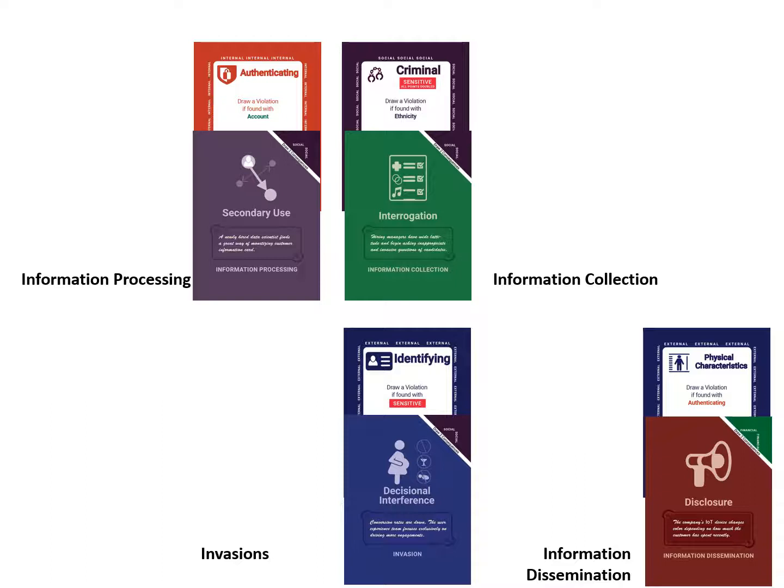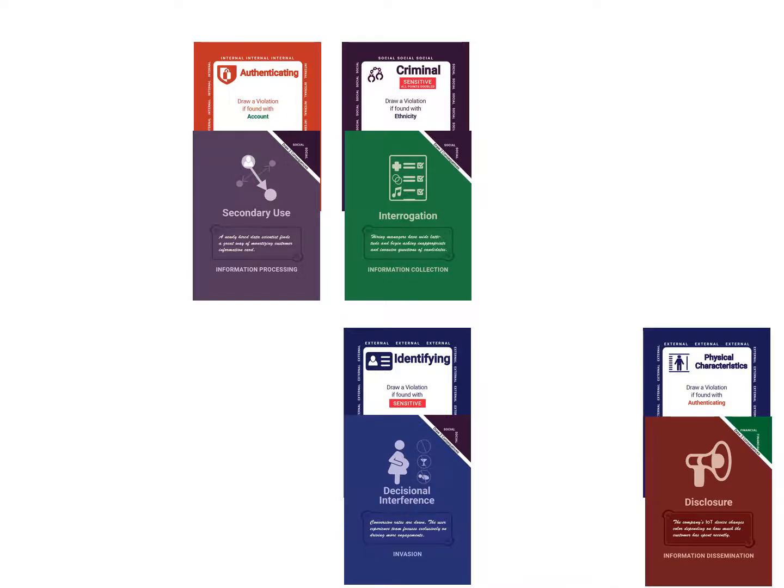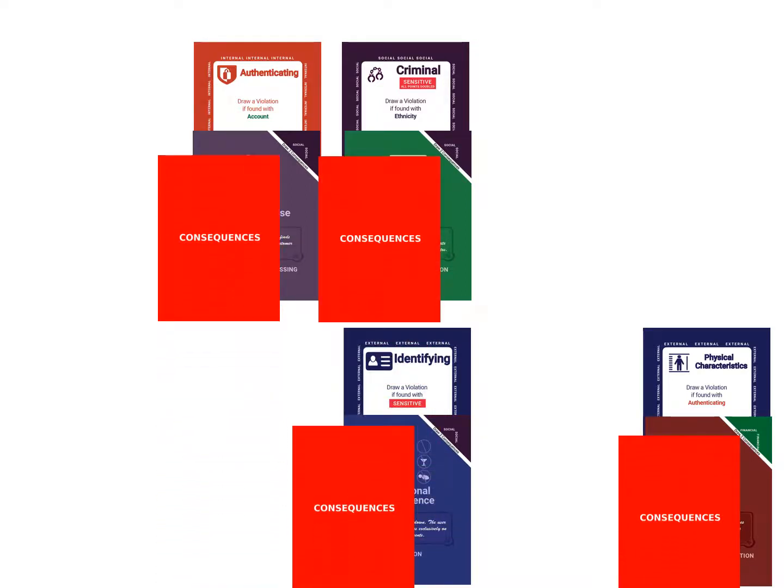We want to try to avoid violations because ultimately, once we release our product, those violations end up earning consequence cards, and consequence cards are to be avoided. Now, normally, each violation will earn one consequence card, but certain violations, when combined with certain information, end up earning two consequence cards.